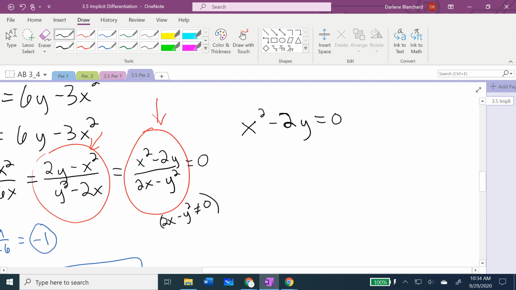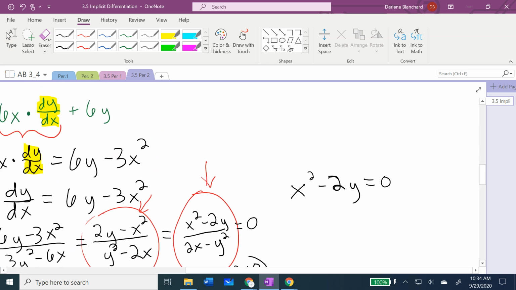Now, how on earth are we supposed to get anything with that equation alone? You're not. We have another equation that involves x and y. Where is the other equation that involves x and y? That has to be a truth for what we are dealing with.